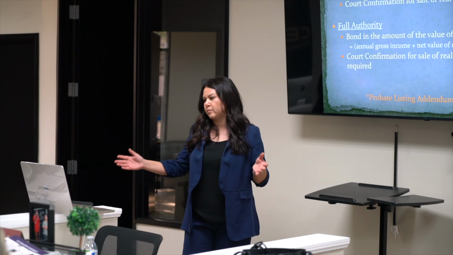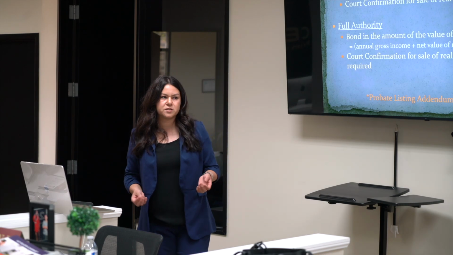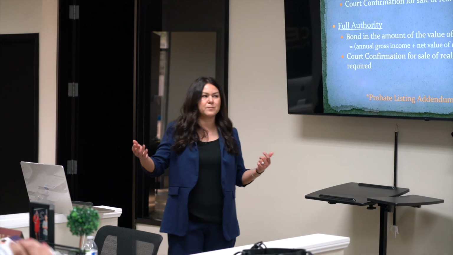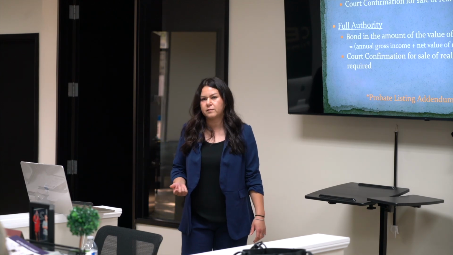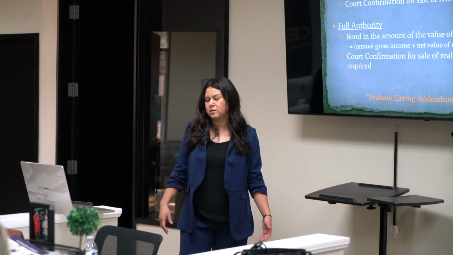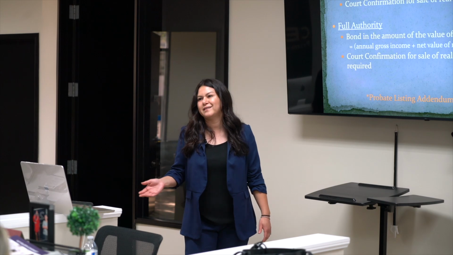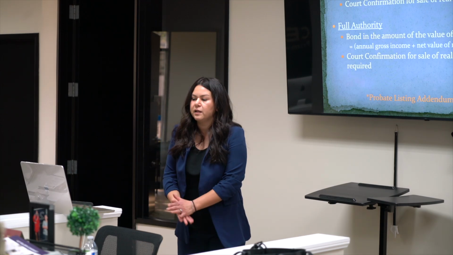The sale will be made by a date, and then they have 15 days to object to the notice of sale. Sometimes people will object if they want to buy the property, they think that the price is too low, many reasons. But if there's an objection, then it has to go through what we call court confirmation.